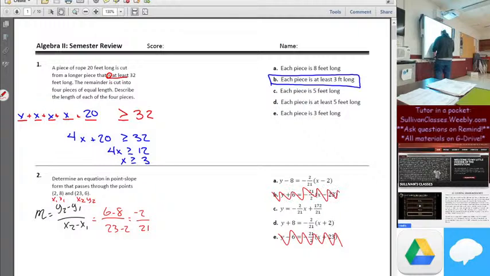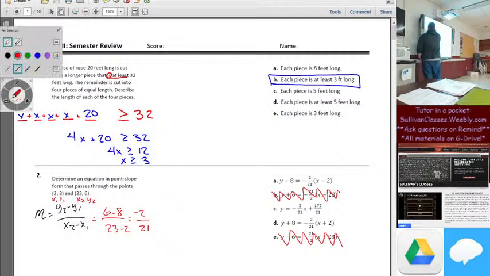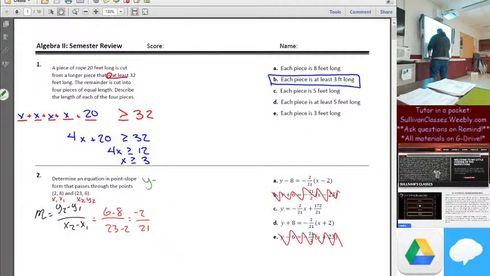It's almost like those options are there because kids screw up those a lot. They'll accidentally put x's over y's. It says point-slope form. Point-slope form is y minus y1 equals m times x minus x1.